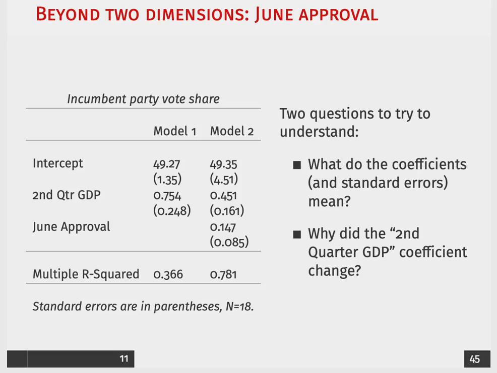I'll touch on this in a second, but what's likely happening is that people's approval ratings are probably driven by the economy, right? And June would essentially be what is happening in quarter 2. So these are essentially co-varying with each other.